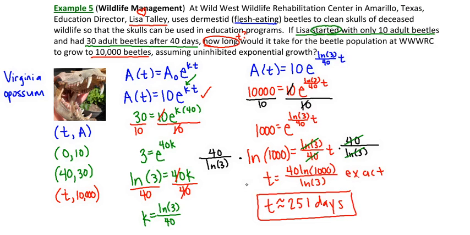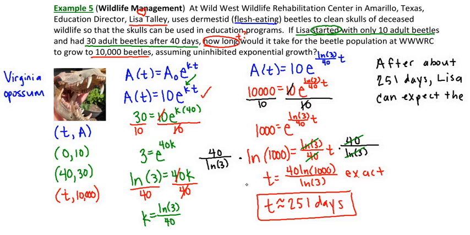So to be formal, we can say after about 251 days, Lisa can expect the beetle population to grow to 10,000 beetles.